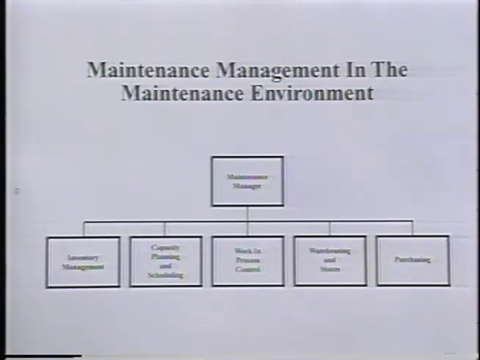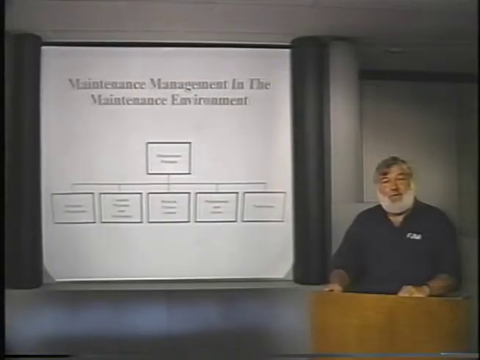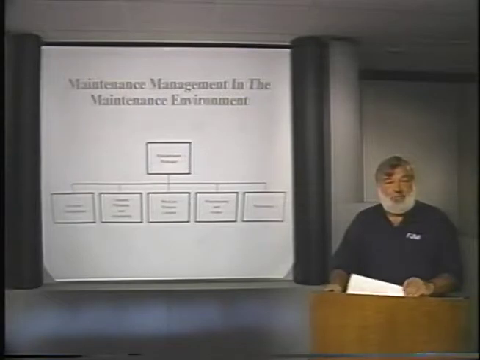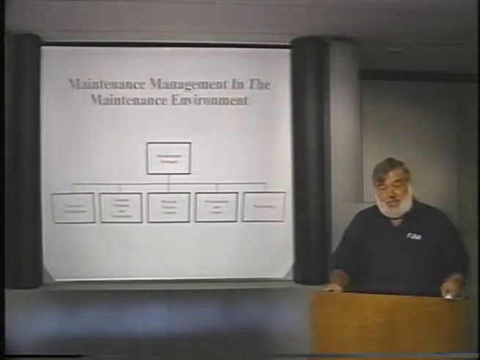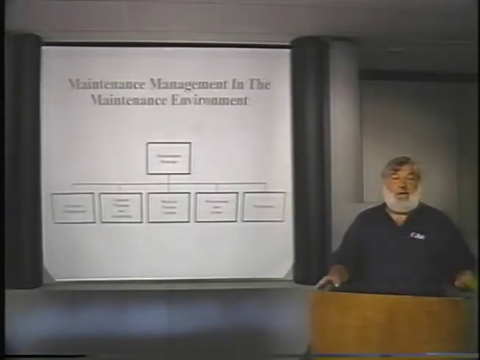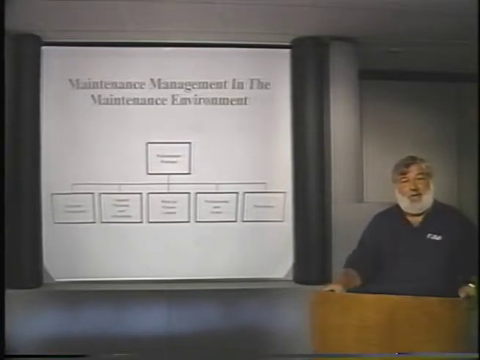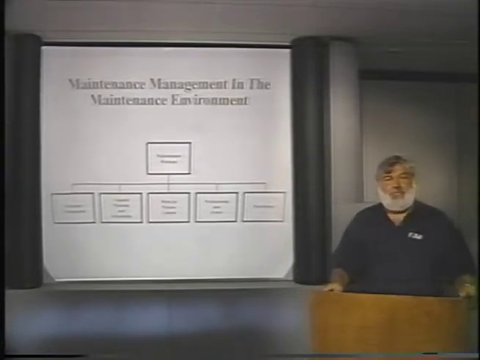The middle box is the work order reporting, and then we have warehousing and stores, and last, the purchasing activity. Now what we're going to do is to look at each one of these functions that are on page 10 individually, and we'll show you the integration of that function with the other functions or activities, and also some of the data requirements.